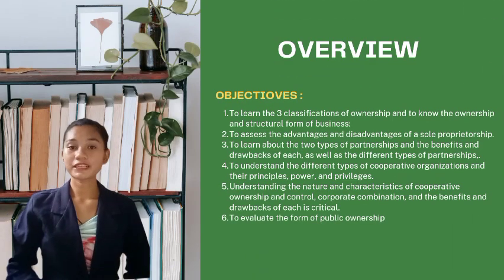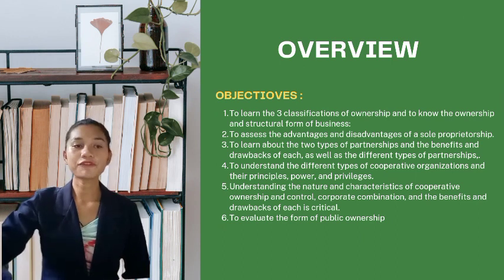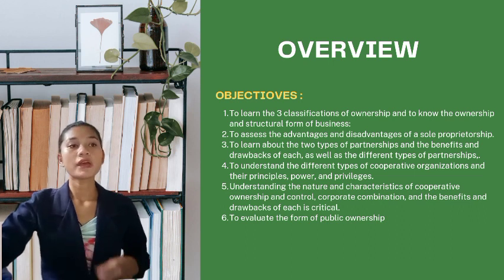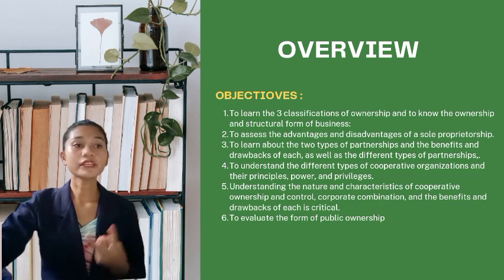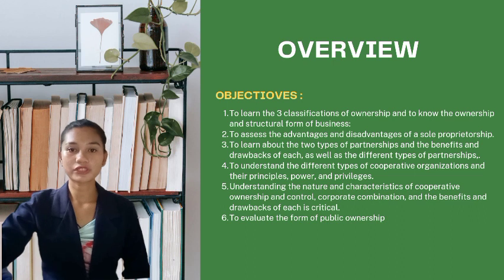By the end of this topic, the student may be able to learn the three classifications of ownership and know the ownership and structural form of business, to assess the advantages and disadvantages of sole proprietorship, and to learn about the two types of partnership and the benefits and drawbacks of each, as well as the different types of partnership.